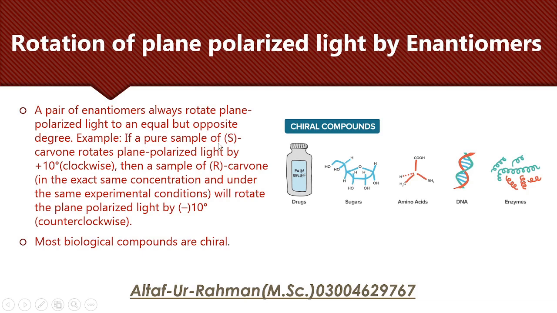For example, if a pure sample of S rotates plane polarized light by 10 degrees clockwise, then a sample of R, at the exact same concentration and under the same experimental conditions, rotates the plane polarized light by minus 10 degrees, counterclockwise. Most biological compounds are chiral.